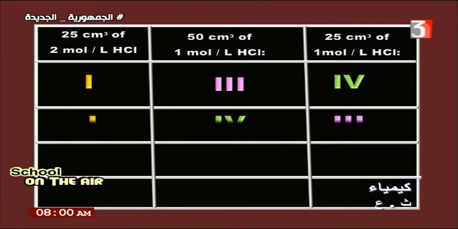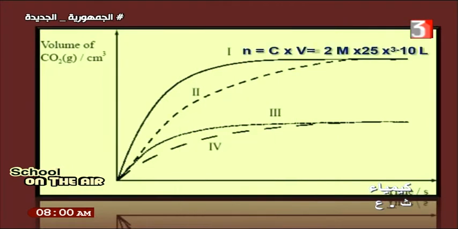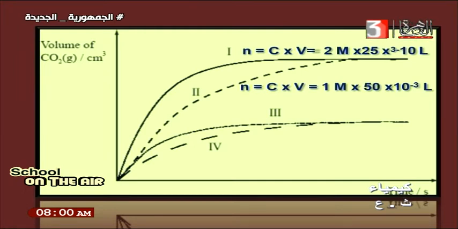So which choice will be the right answer? If you look at the curves here, you will find that for curve 1 the concentration is the greatest, 2 molar, with volume 25, and the lower concentration, 1 molar, is for curve number 2. So more concentration means higher rate, while the number of moles are equal in the two curves.